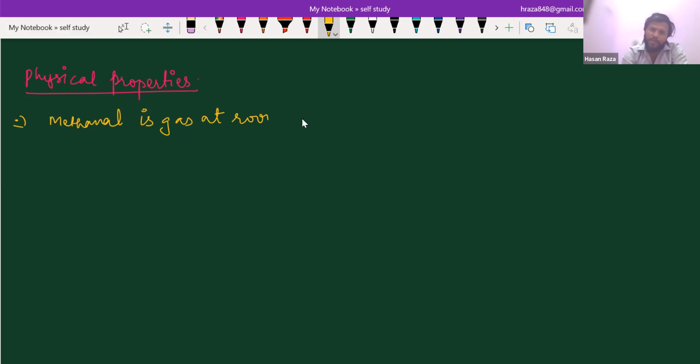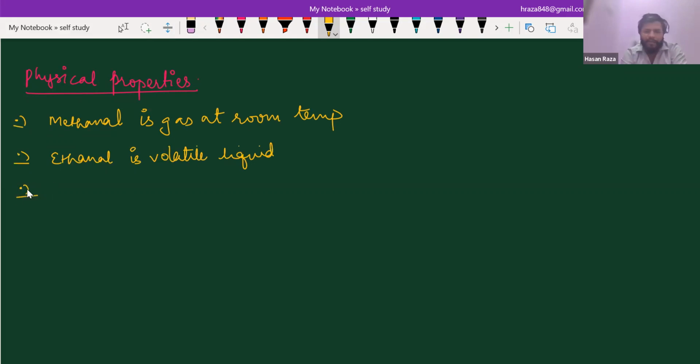Second, ethanal is a very volatile liquid. And other aldehydes and ketones are either liquid or solid at room temperature.